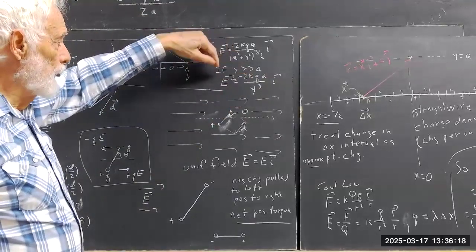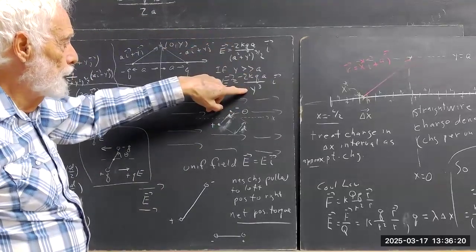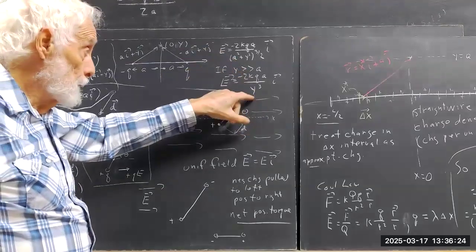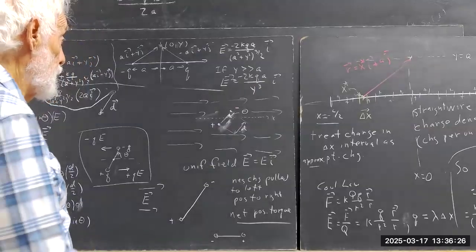If y is a whole lot bigger than A, E is pretty close to what you would get if you just ignored A, which is going to give you a y cubed in the denominator.